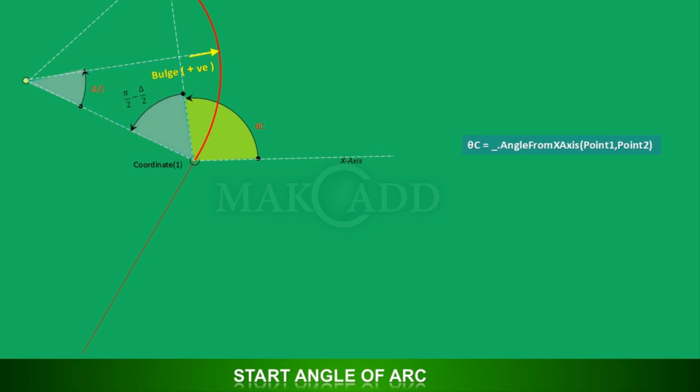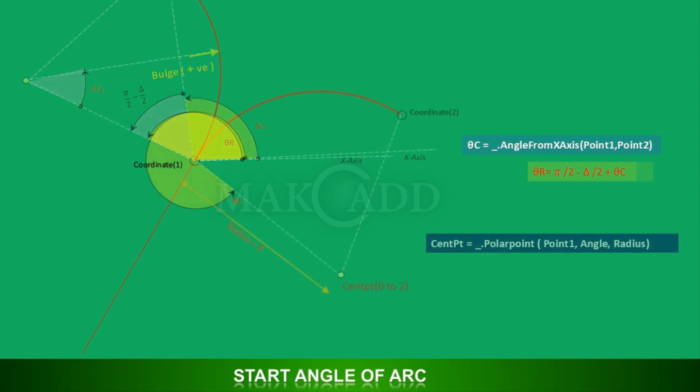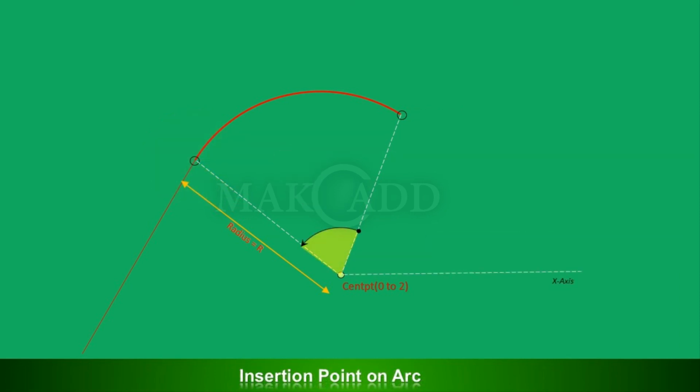We have the acute angles we calculate from the angle of the curve. One is delta by 2 and the other is pi minus delta divided by 2. So the angle of the radial line theta is 90 minus half delta plus the angle of the chord. Now we can use the polar point function to find the center point of the arc. Now we have the angle of the curve, center point and radius.